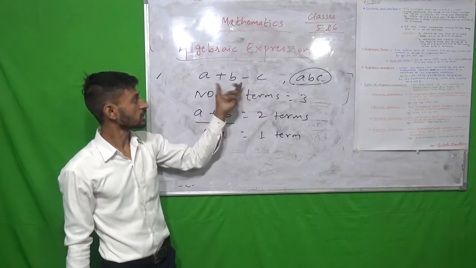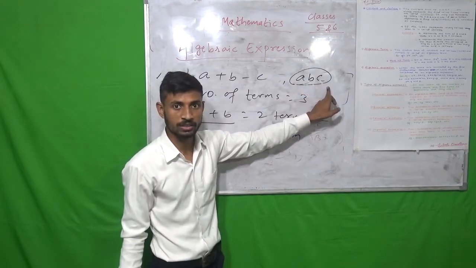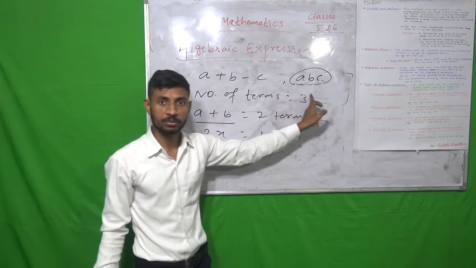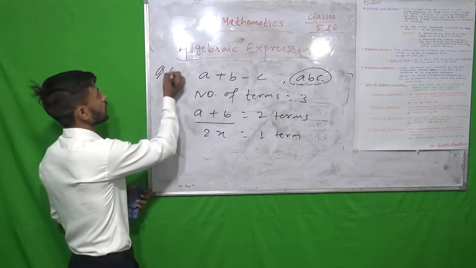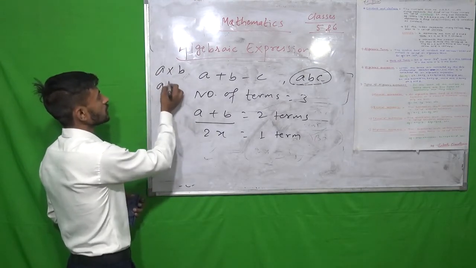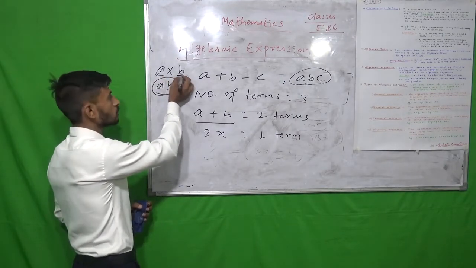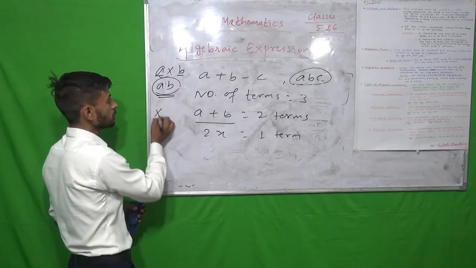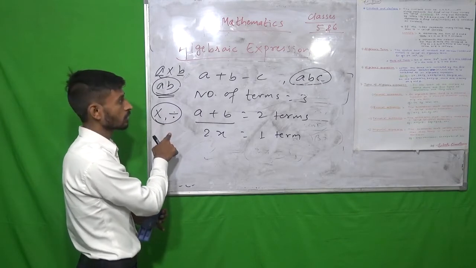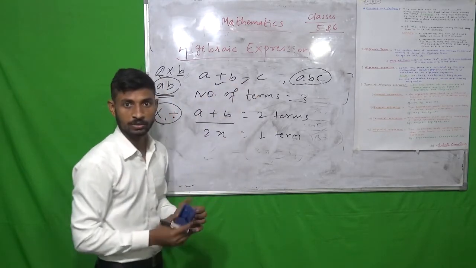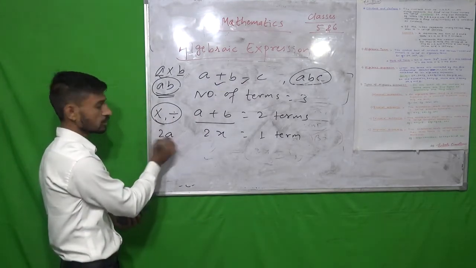But for the multiplication sign, a multiply b multiply c, multiply or division signs are combining the terms. If a multiply b, then it means ab, a single term. Here it seems to show two terms, a multiply by b, but no, it has only one term. Multiply and divide can make two terms into one term, but plus and minus only can separate the terms. Multiply and divide, if we have two terms, 2a and 3a.